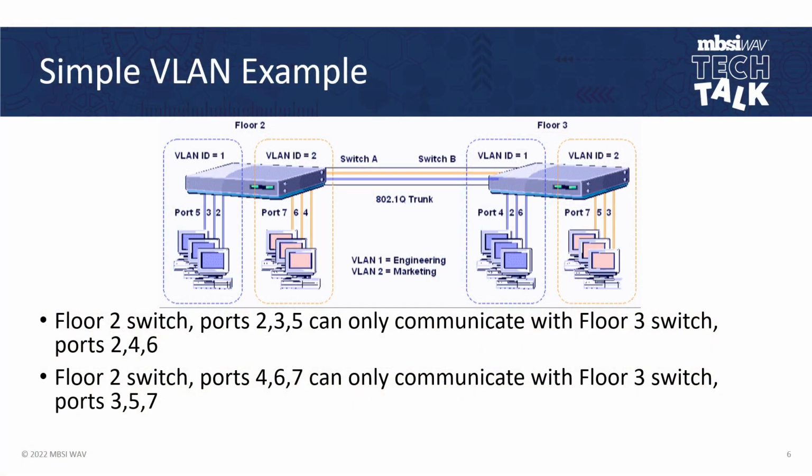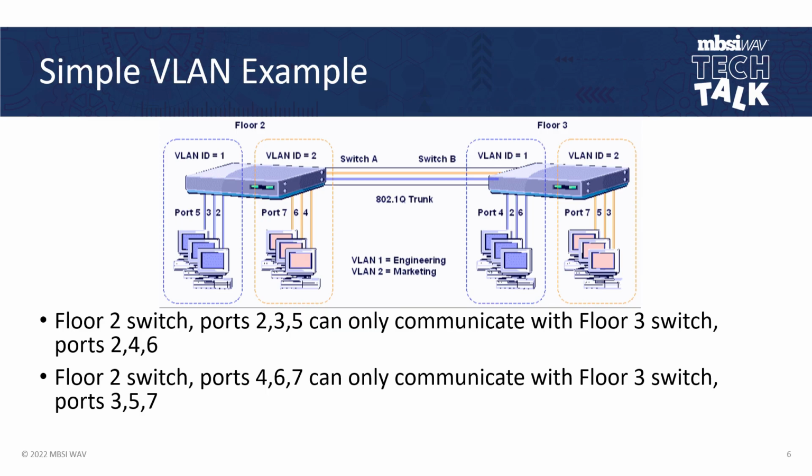So here's a kind of a typical VLAN example. I've got a network that spans a couple of floors of a building, floor 2 and floor 3 in this case. I have computers that are connected to the network on various ports of the switch on floor 2, and I've got computers connected to various ports again on the switch on floor 3.